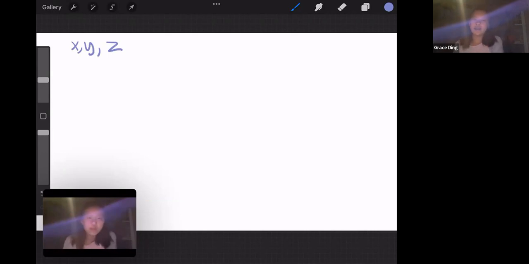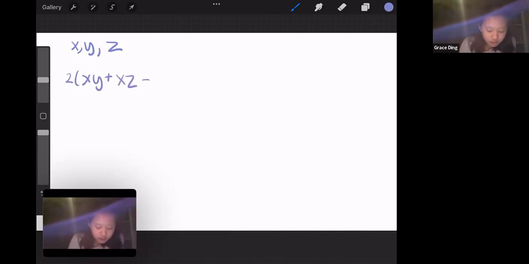When it says he has so many square inches of wrapping paper, that's pretty much the surface area. So we have 2 times xy plus xz plus yz is going to be equal to 96. So this is what we have.